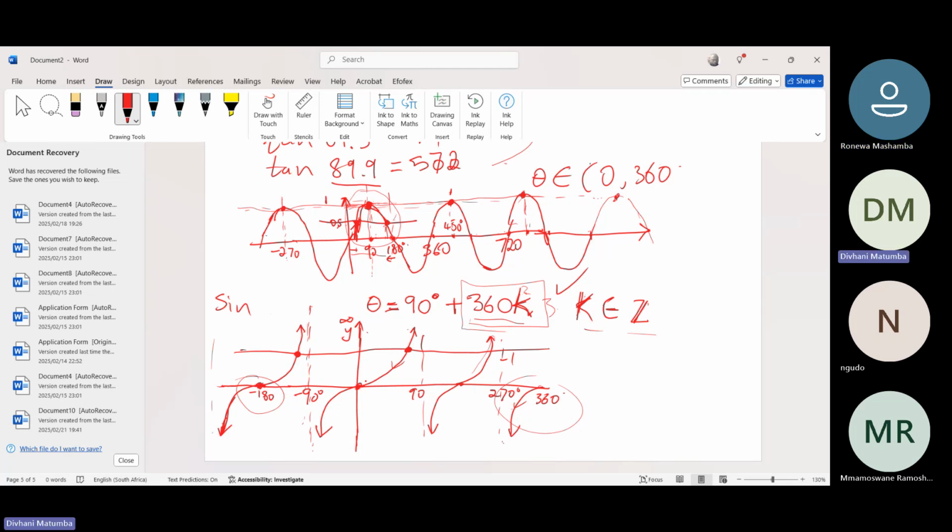So basically, what I did was try to find the distance between the 2 points on your graph that are in phase. These 2 points are in phase, so the distance between them is 180.